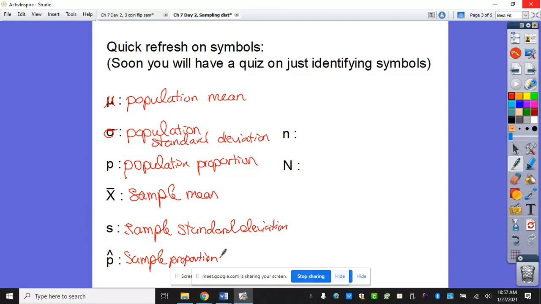What is lowercase n? Number of trials or size, whatever. So what's the difference between lowercase and uppercase? I just started talking about this yesterday or 2 days ago. One of them's talking about the, what? So this one is the sample size.